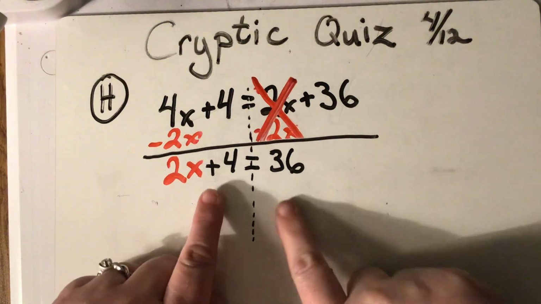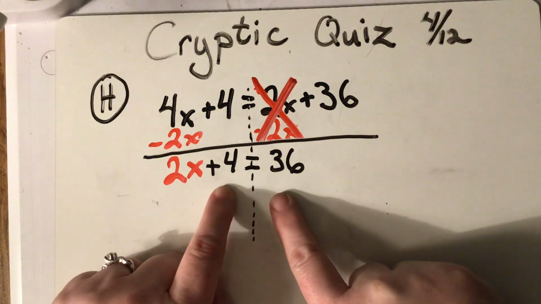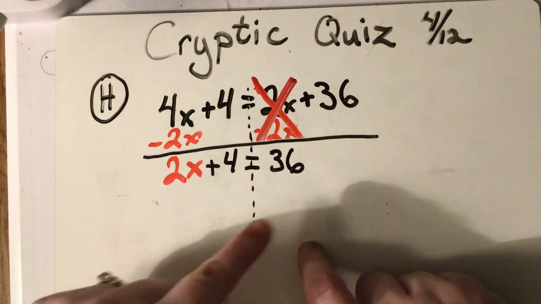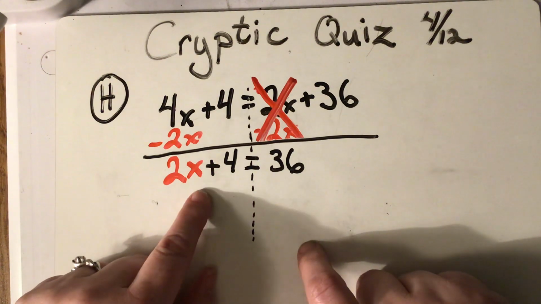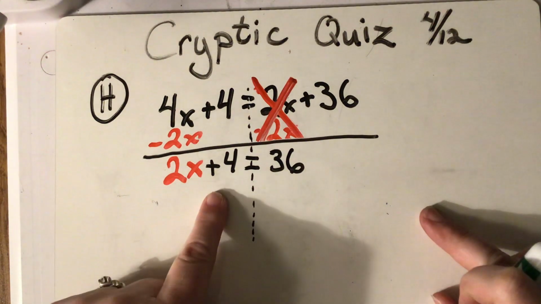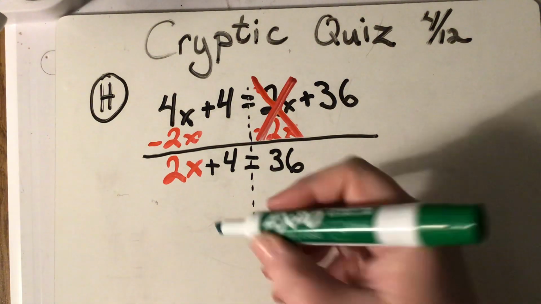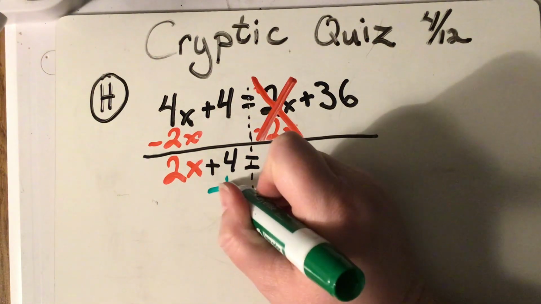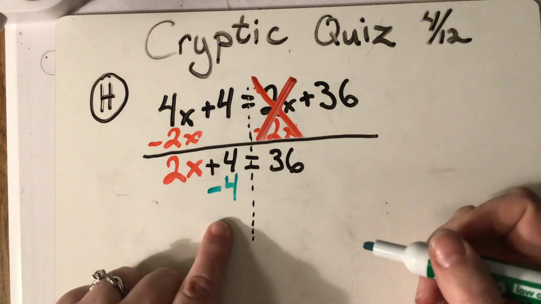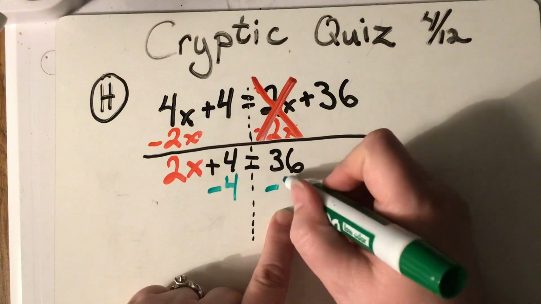Okay, so now I have numbers on both sides. So I need to take this number and kind of move it over there to the other side so I can get my little X friend all by himself. So what's the opposite of plus 4? Well, that would be minus 4. Minus 4. And then whatever I do to one side, I have to do to the other.